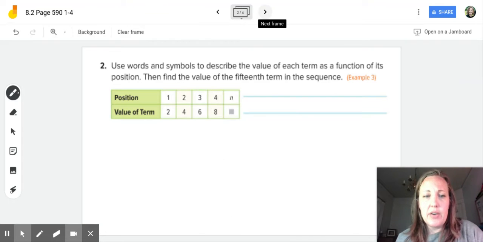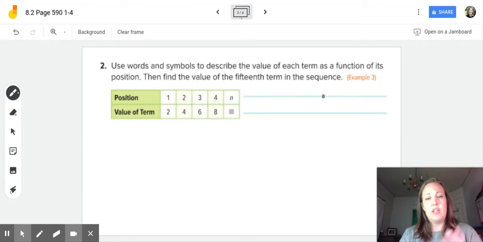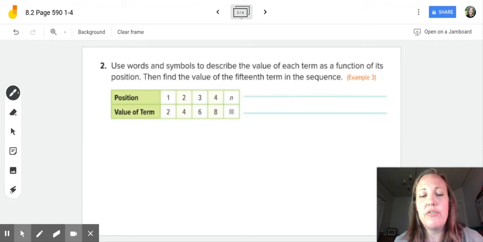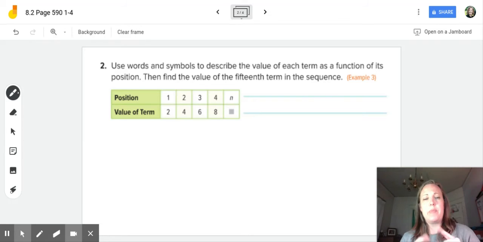Now it says you're going to use words and symbols to describe the value of each term as a function of its position. So it can be the first term in the position, the second term. In other words, if you wrote this with commas, it'd be 2, 4, 6, 8. Instead, they gave it a position number. So we're going to find the value of the 15th term. Well, what's happening here in this relationship?